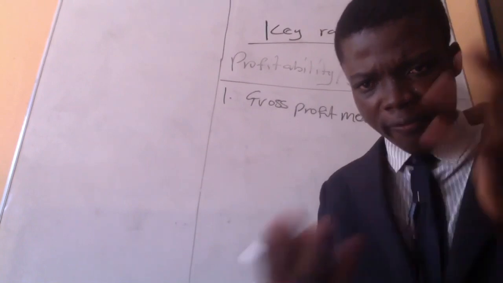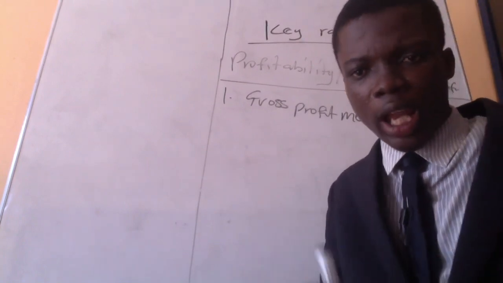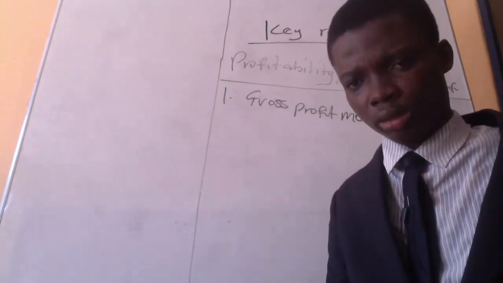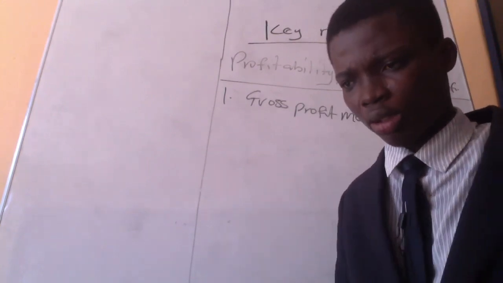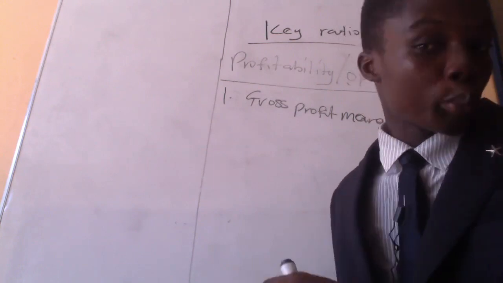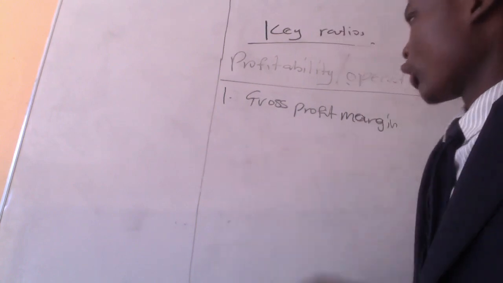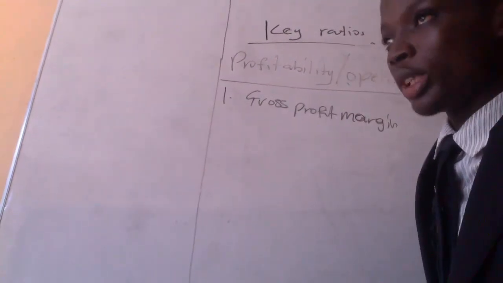Direct profit to go and face your operating cost. That one focuses on how you manage your direct cost or your cost of sales or your production cost. Some organizations are very effective in managing or controlling their production cost or operation cost. So the gross profit will reveal that.